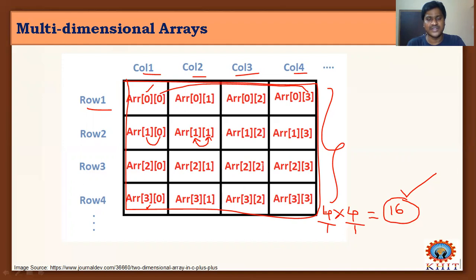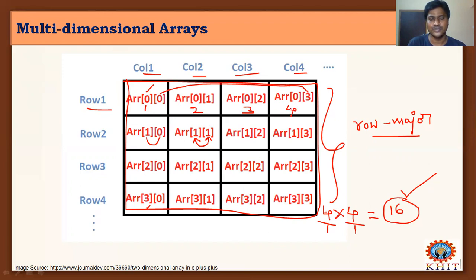The way of organizing elements in this two-dimensional array is row major order access. That means whatever values you fill into this array are filled in row major order. The first element goes in the position given here, and immediately the next position to fill is the second element, then the third and fourth.